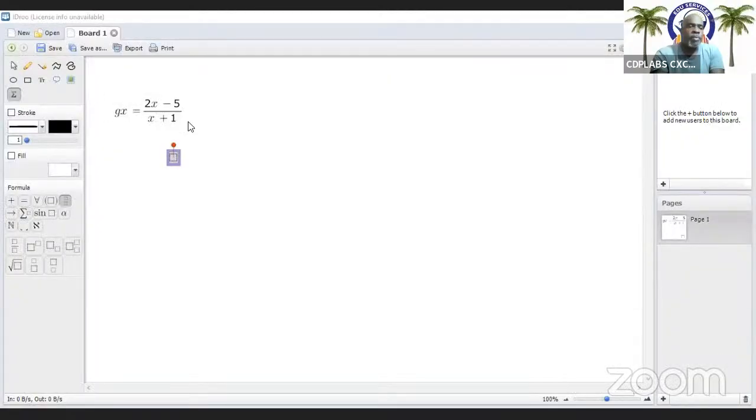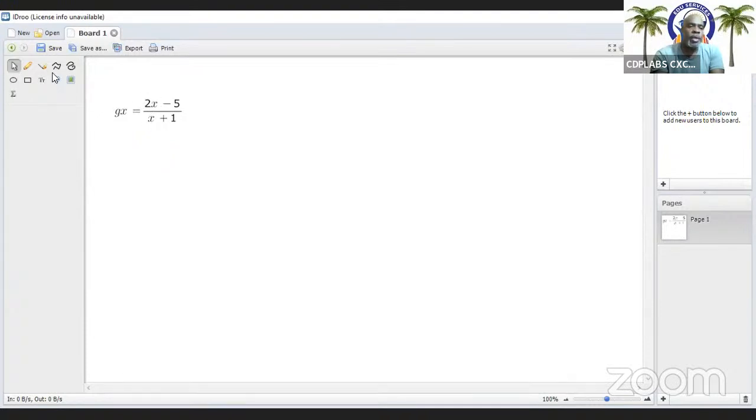Here we are on the board. So we are supposed to use G of 4. Where x is, we are going to put the value 4.